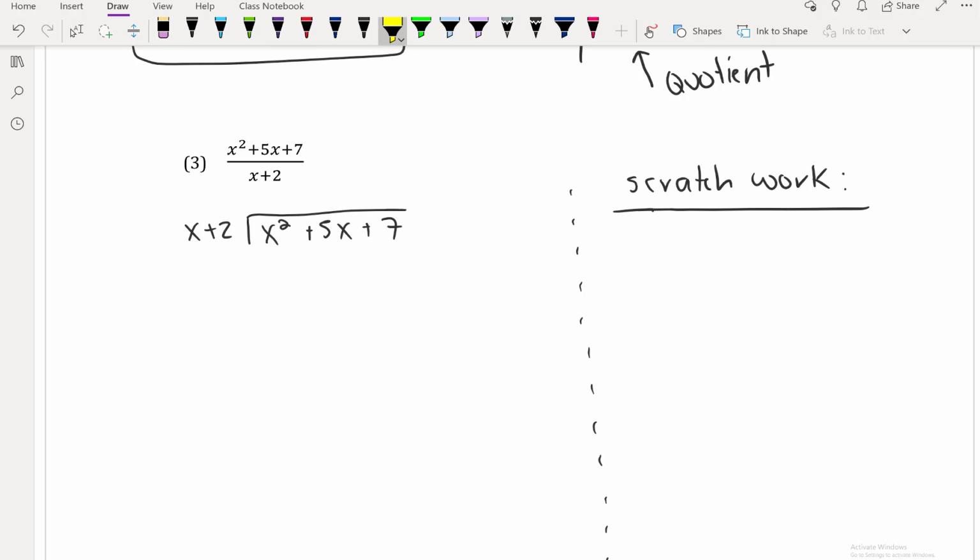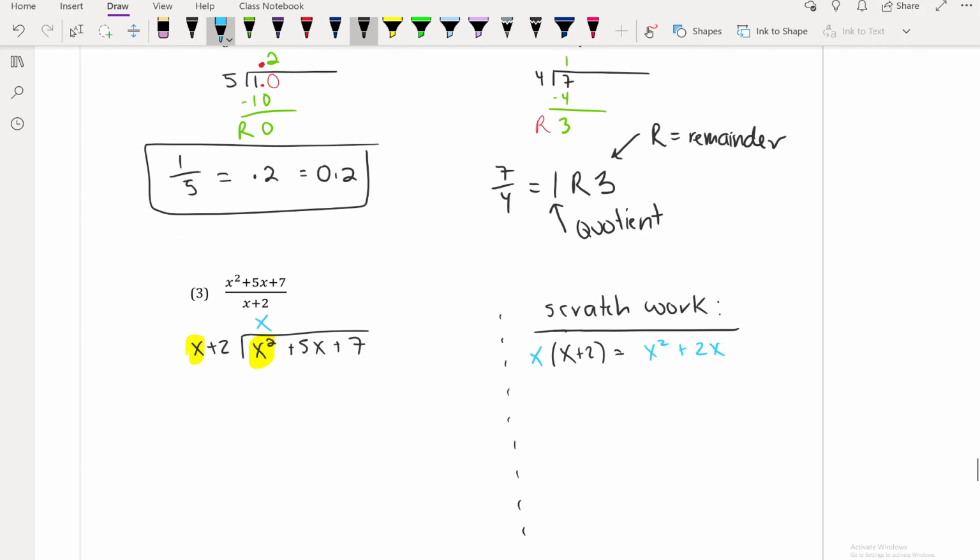So what we want to focus on here is going to be this x and this x squared. So you say, okay, well, if I have x going into x squared, I would need one more x to be multiplied. I'm going to go ahead and make that a blue color. Okay? So what you're doing is you're multiplying x by an x, but you also have that x plus 2. So what you end up getting is an x squared plus a 2x. And remember, from up above, you're actually subtracting.